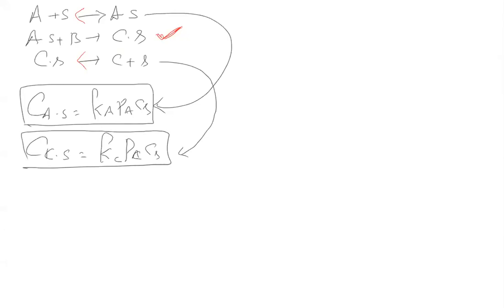Then, what is my overall rate? Let's assume rate constant k. So this is k into C_AS into P_B, the rate equation.